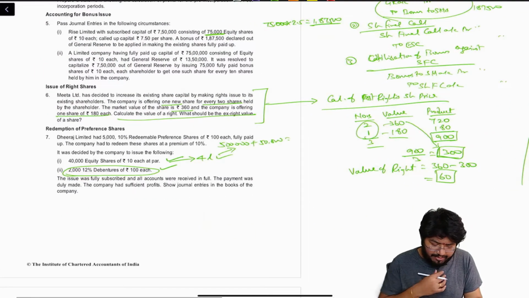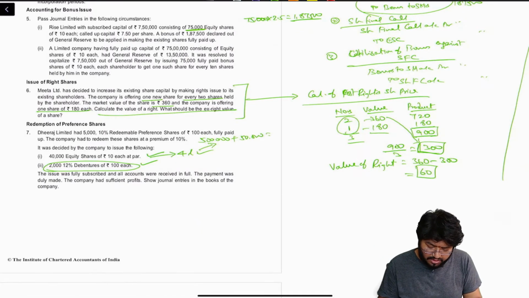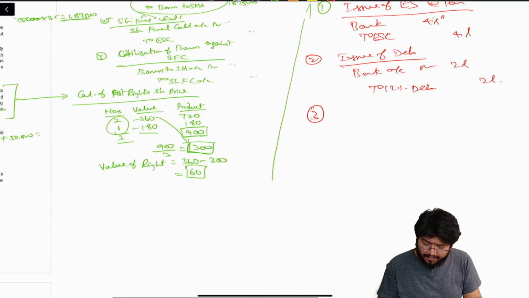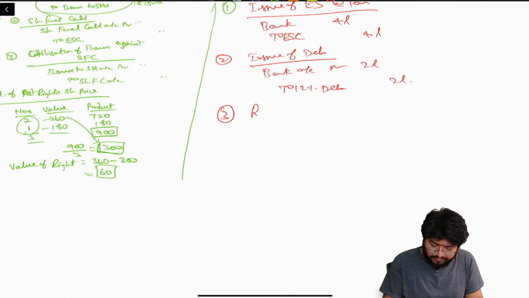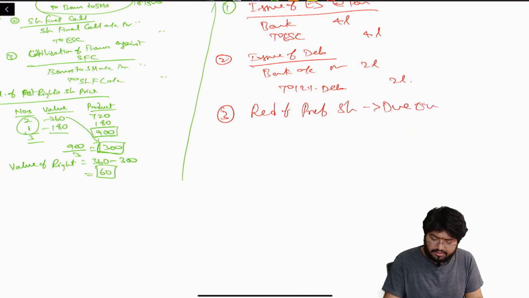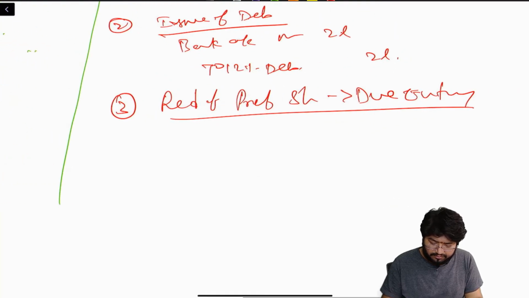Third, now you can redeem your preference shares. Redemption of preference shares, due entry first. What would be the entry for redemption of preference shares?